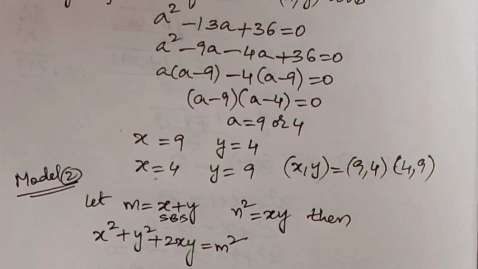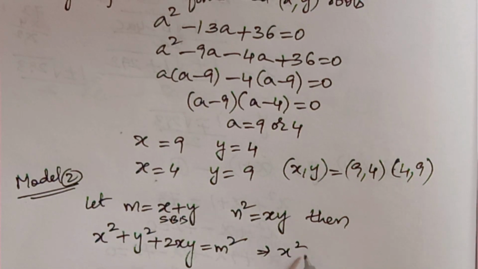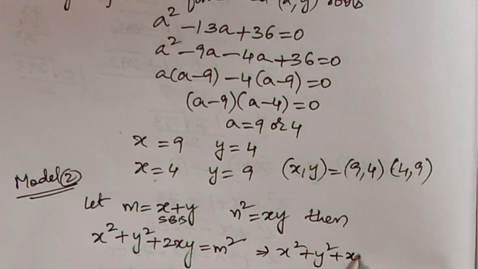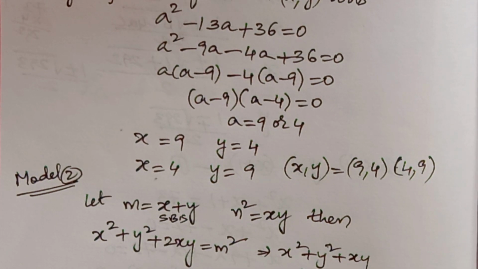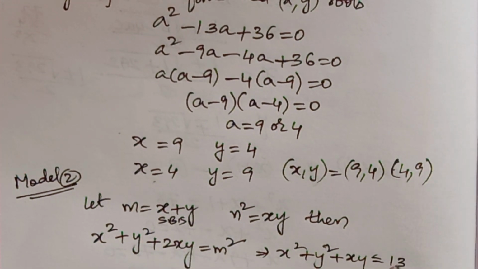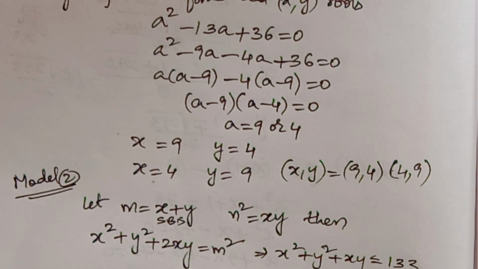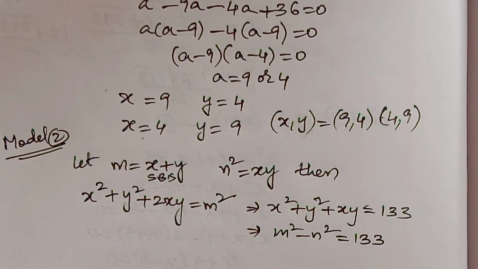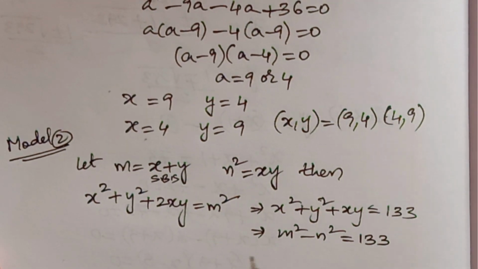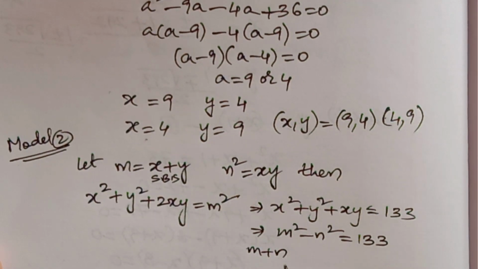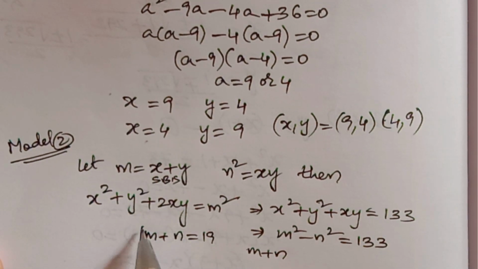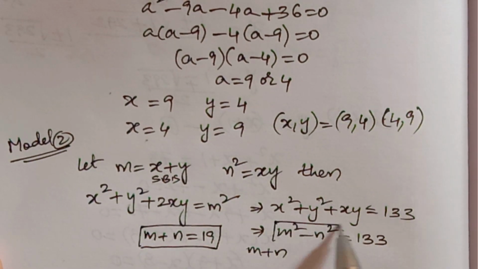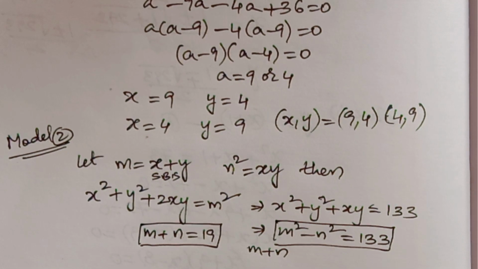Now here we want the first one, x square plus y square plus xy. So we will get this by using m square minus n square. m square minus n square is equal to 133. This is the first equation, and the second equation is m plus n is equal to 90 now, in terms of m and n.